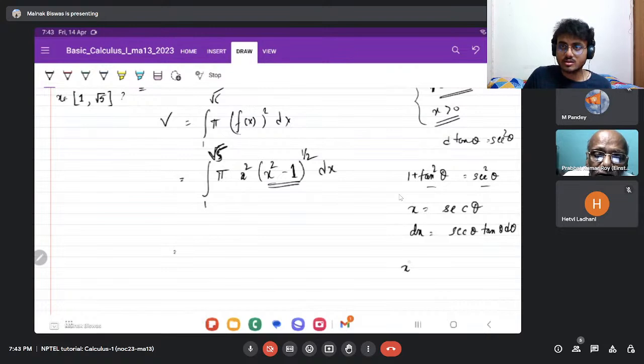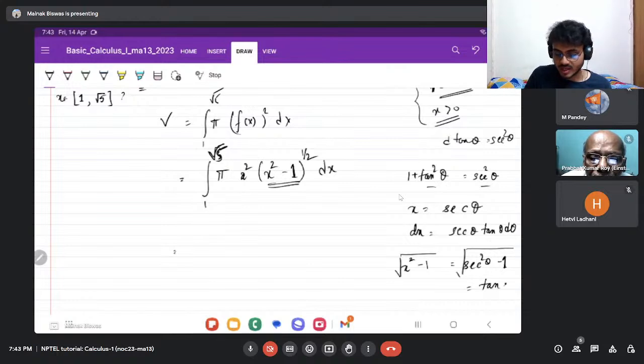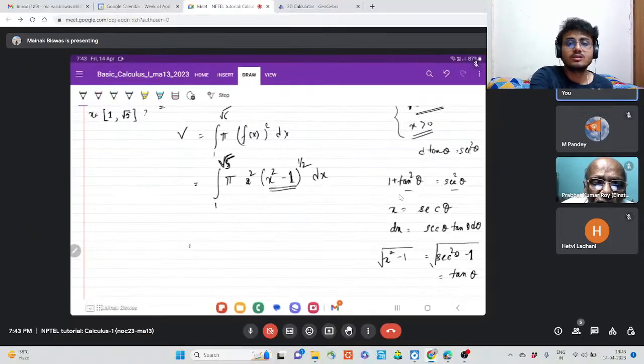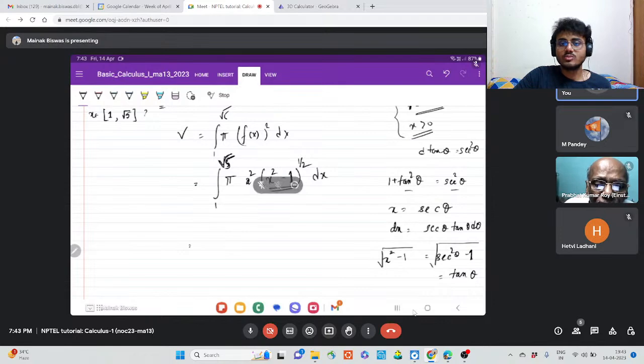Any question? So x square minus 1 is sec square theta minus 1, which is tan square theta, or under the root, tan theta. Agreed? Everyone follows me up to this point, right?